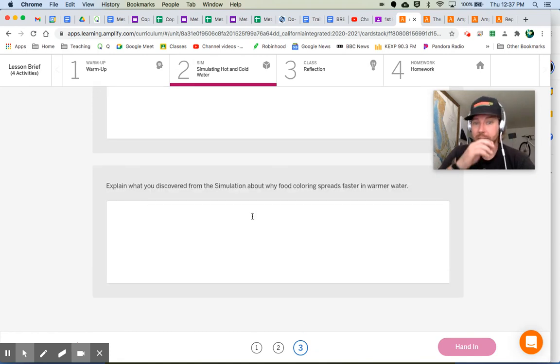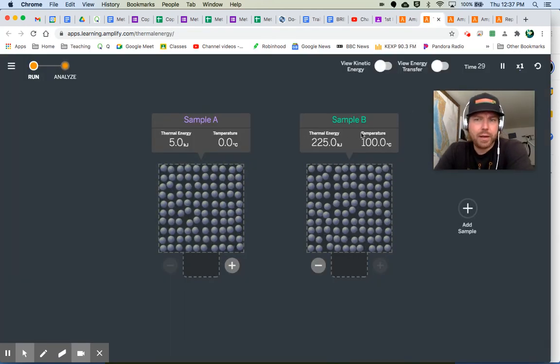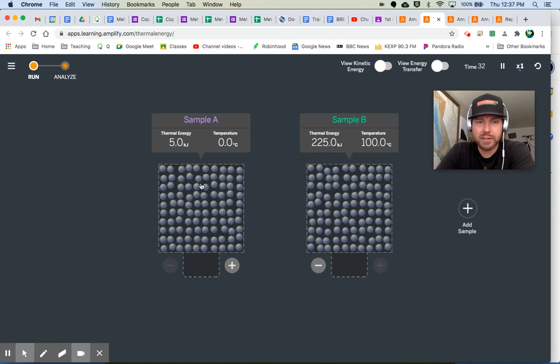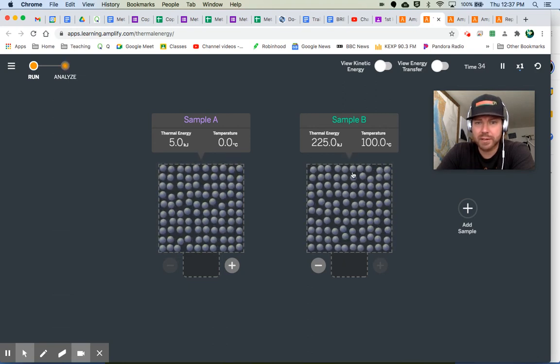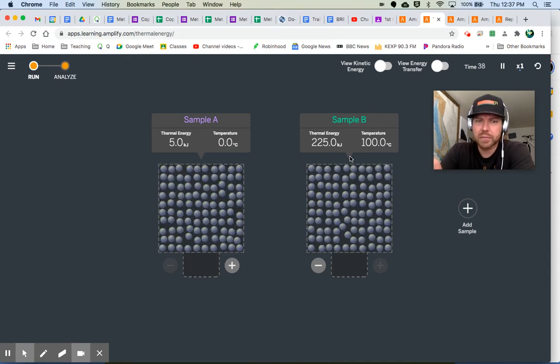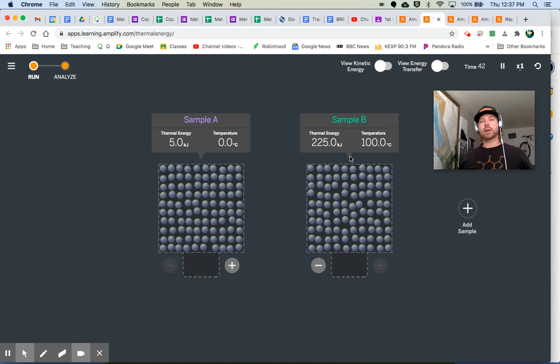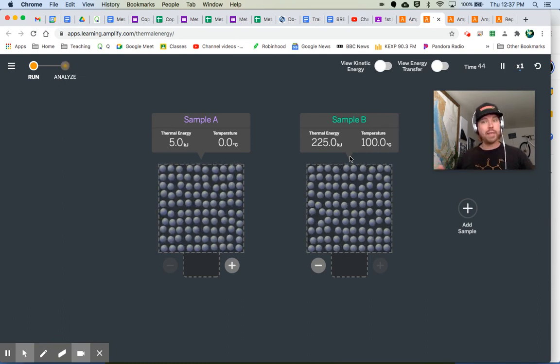Explain what you discovered from the simulation about why food coloring spreads faster in warmer water. Well, let's imagine. If I take my bottle of food coloring and I put 2 drops into sample A, and then 2 drops into sample B, which one do you think will mix faster? If you said sample B, well, we already saw that. It mixes faster in the hot water. Can we explain now why that works?